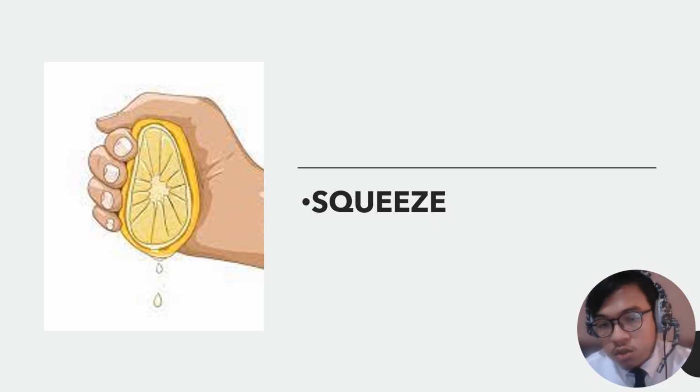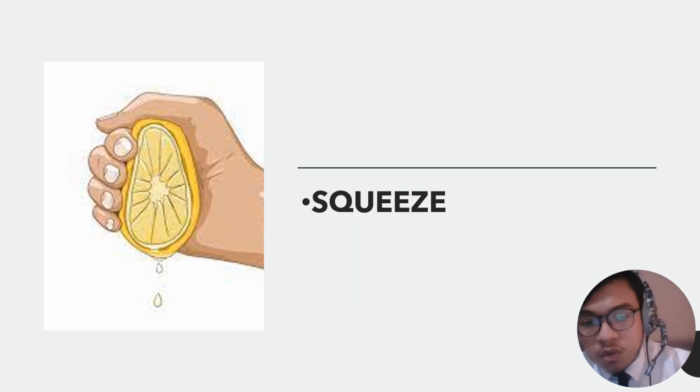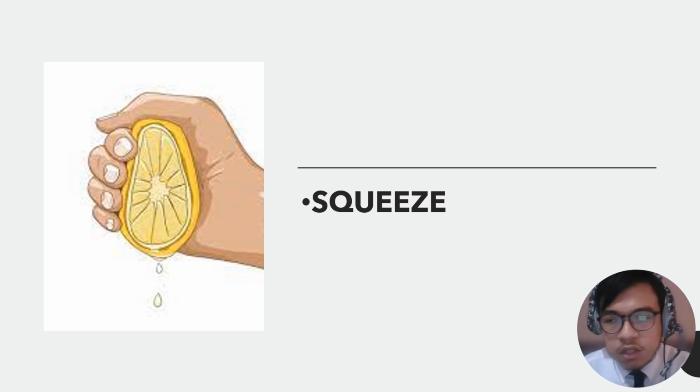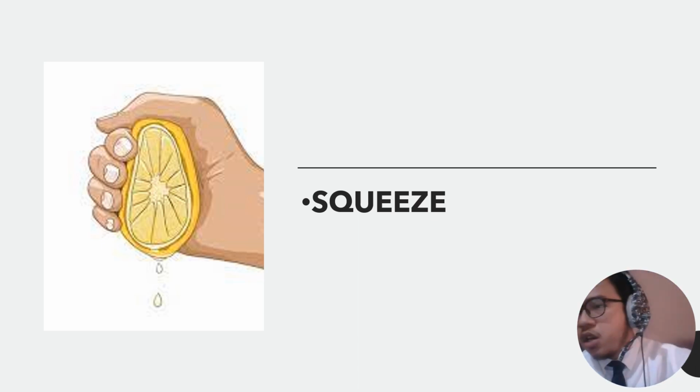Yes, if not, it's not lemonade. But yes, it's an example about the squeeze. But not only with lemons, with other things, maybe a sponge ball. What else? Other things can be.